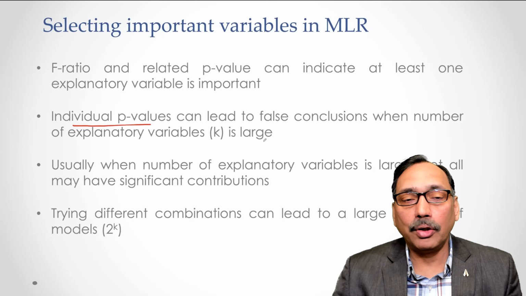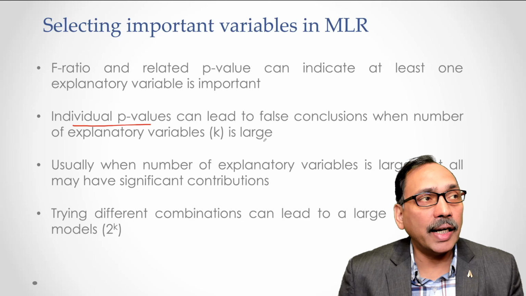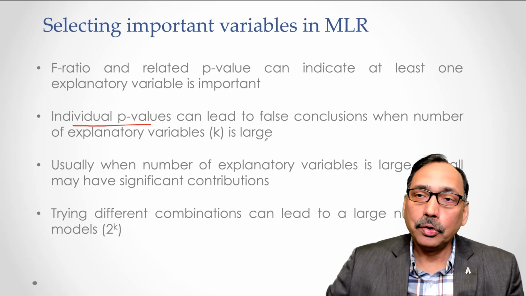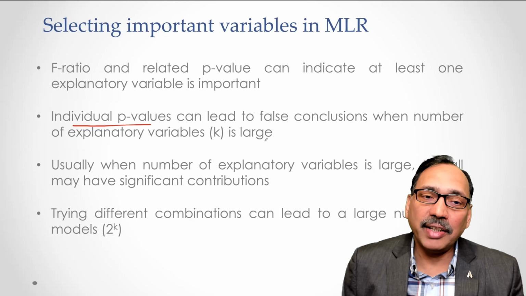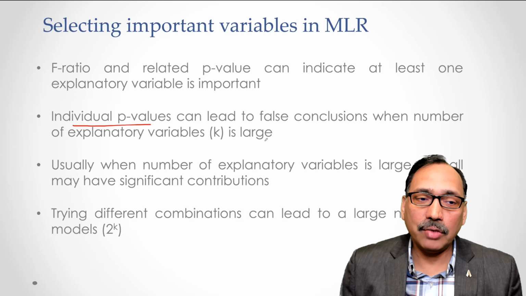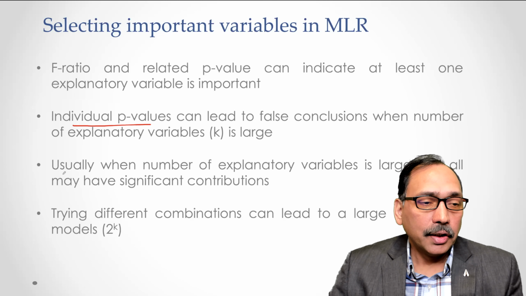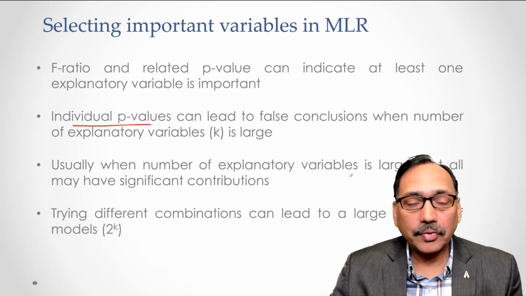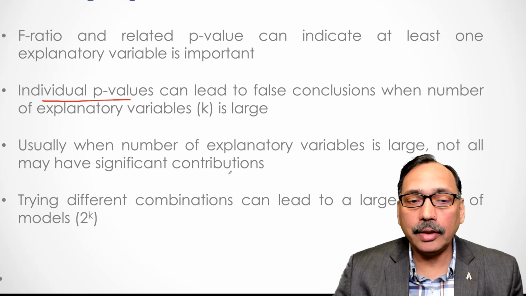If you're talking about a lot of independent variables, I used a data set where I had 1500 independent variables. When you have so many t statistics and so many p-values related to each, there is a chance that sometimes we may make false conclusions. Usually when the number of explanatory variables is large, not all may have significant contributions.